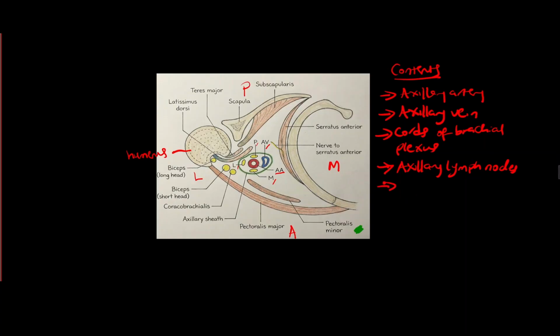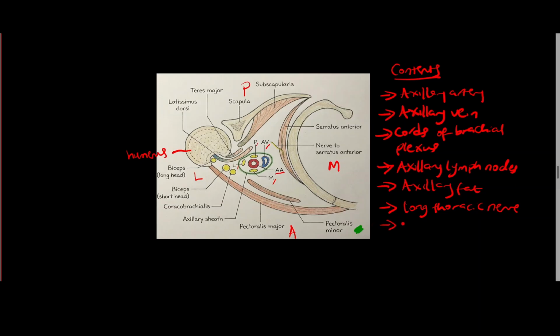We also have axillary fat. It's part of the content. We also have specific nerves like the long thoracic nerve and the intercostobrachial nerve.